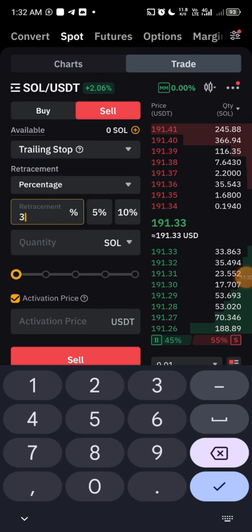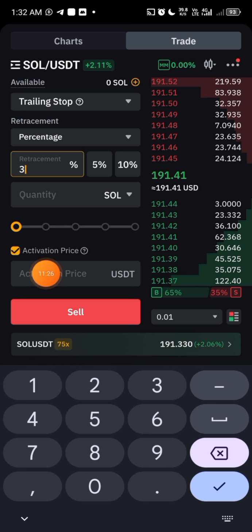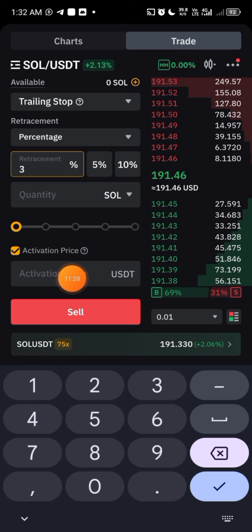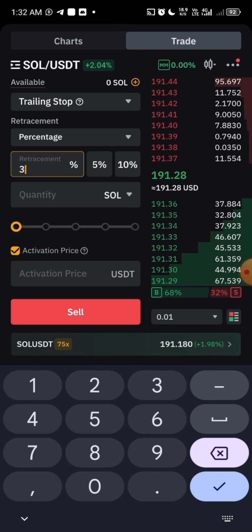Now once I put it like this, you see here it says activation price. This is where I'm going to set my price. Please pay attention to this particular one, because this one is actually very tricky.